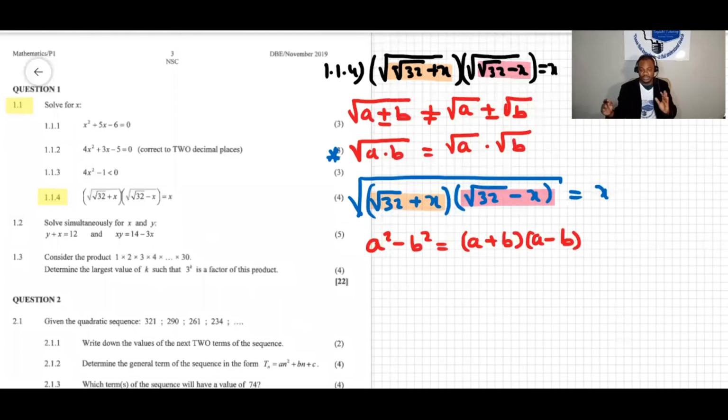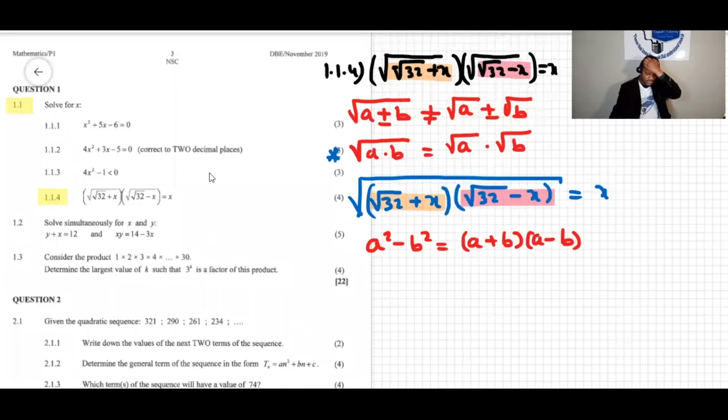We can use the right to simplify and get what is on the left, and use what is on the left to simplify in order to have what is on the right. So the content a plus b is 32 plus x. So 32 is a, x is b, so we have a plus b, and then a minus b here. So we want to write it in this form.